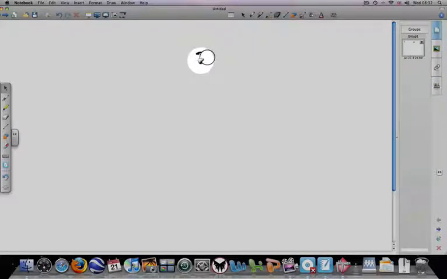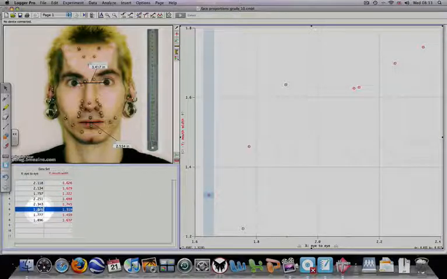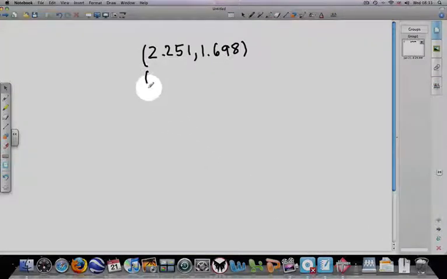The point is 2.251, 1.698. Going back, we wanted this other point right here, 1.646 and 1.319. So we have 1.646, 1.319.